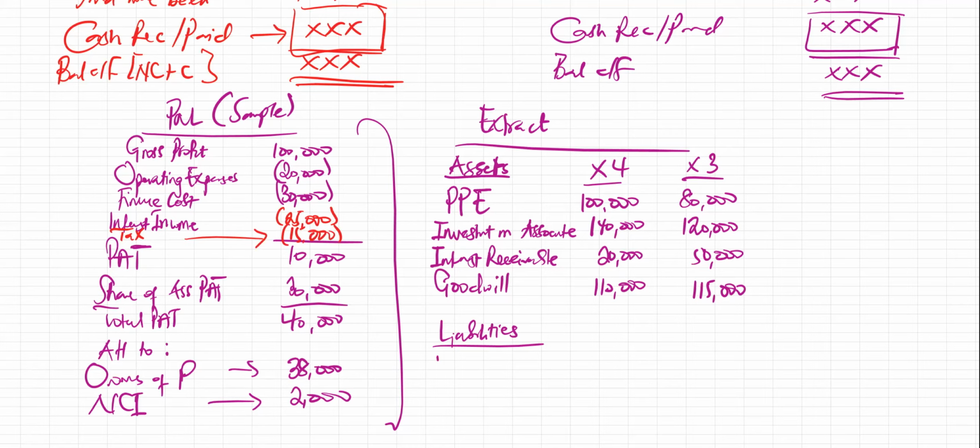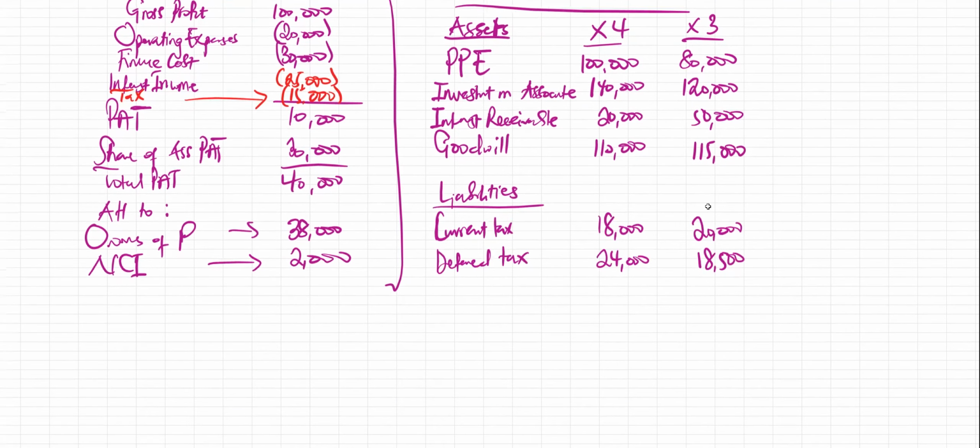So liabilities. Let's say we have income tax payable or current tax payable here, 20,000, 18,000. Then we had deferred tax, 18,500, 24,000. Okay, so this is what we are seeing.